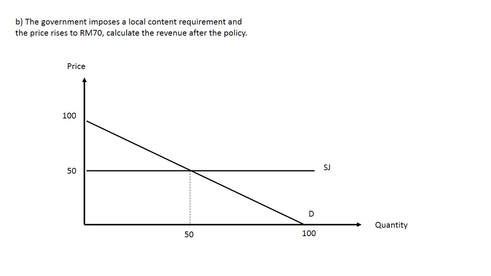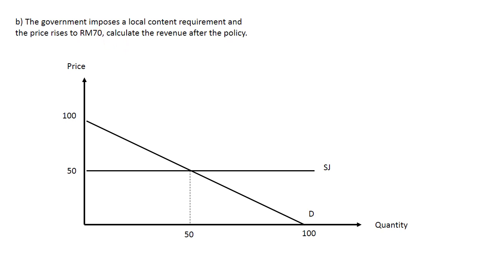Okay, and then question B, the government imposes a local content requirement and the price rises to RM70. Calculate the revenue after the policy. When the government imposes the local content requirement, the price will increase to 70.